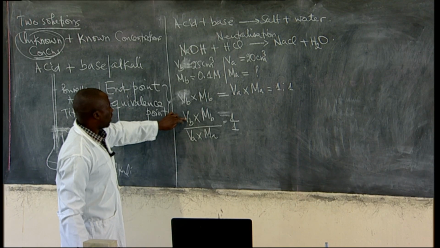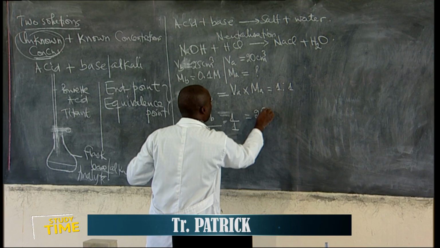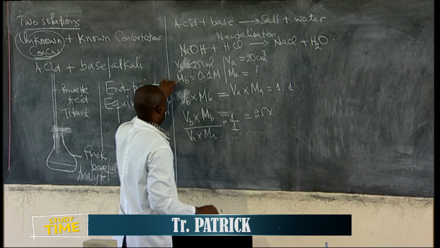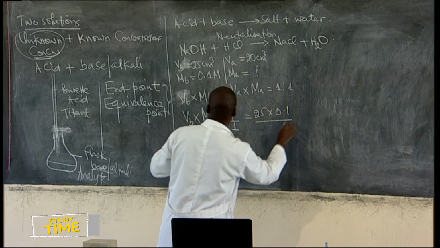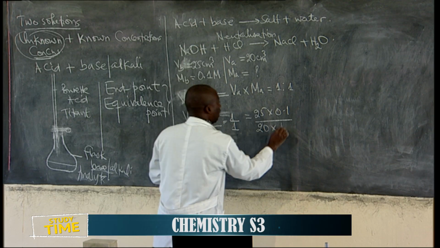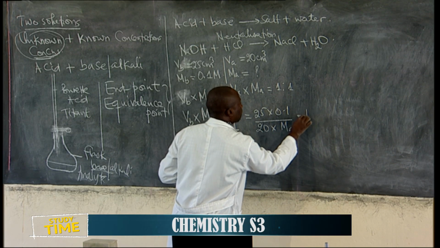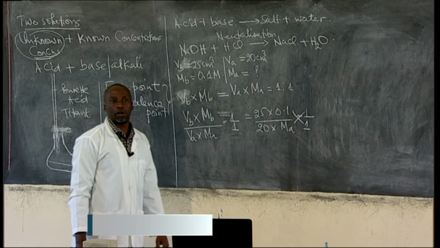So what do we have? We have 25 times the molarity of the base, 0.1, over 20 times MA, and this is equal to 1/1. Just a simple multiplication.